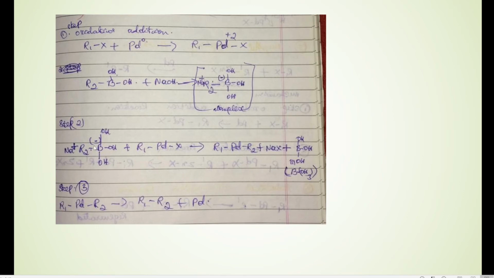So what is happening in this step? This R2 group replaces this X. The X, the halide group, is being eliminated, and this Na+ comes and forms a bond with that X to give NaX, and you have this group replacing it here. So you have R1PdR2 and boron trihydroxide forming.